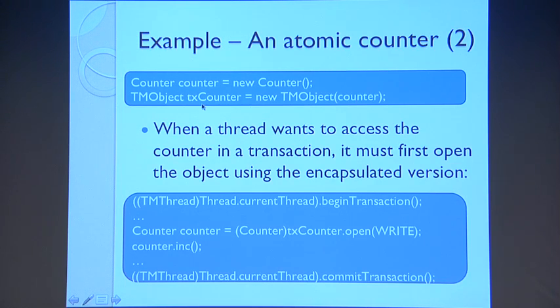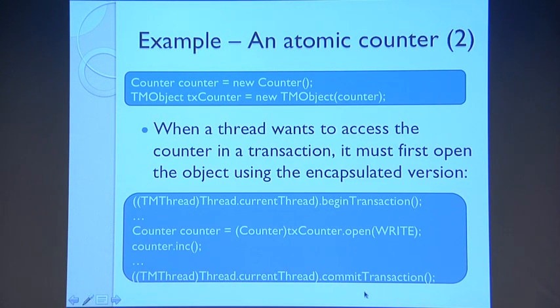So let's say that all the threads have access to this tx counter. When a thread wants to begin a transaction, what it needs to do is call the begin transaction operation. So this is from the thread's point of view. It can then open the tx counter in write or read mode. And here we open it in write mode. And then we can call the operations such as inc on that variable.